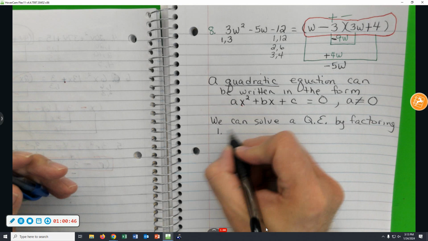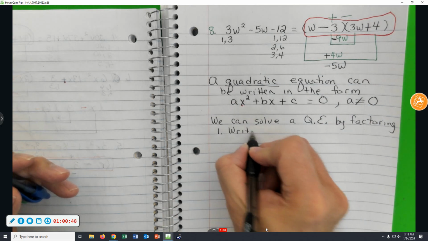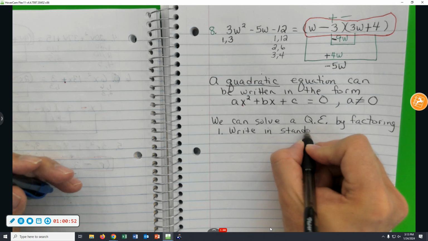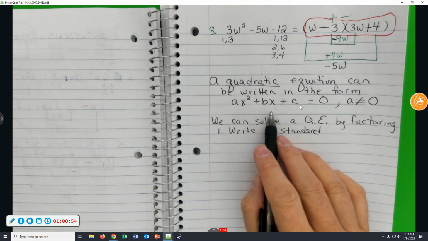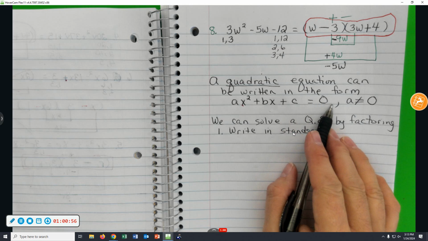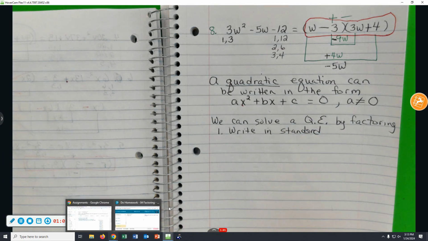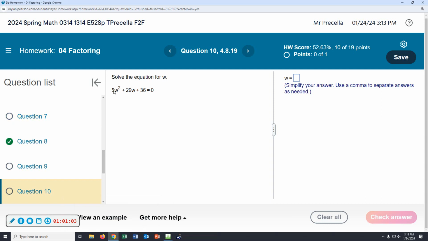Step 1. Write it in standard form. By standard form, I mean x squared, x, no x, equals 0. Like I think number 10, the first one we're doing, is already in standard form. Let's look. Yeah, it's already in standard form. W squared, W, constant, and 0.